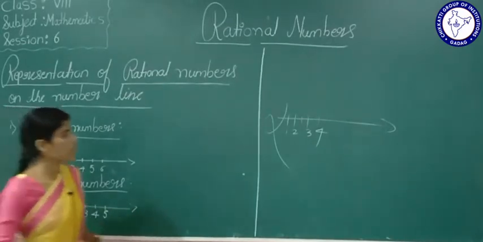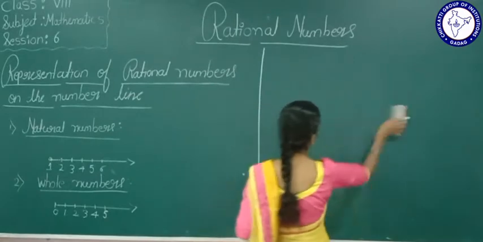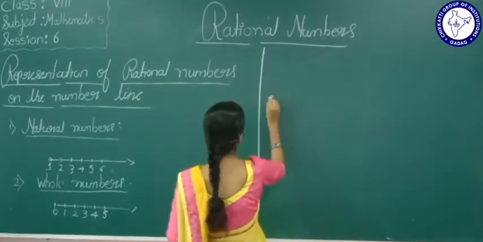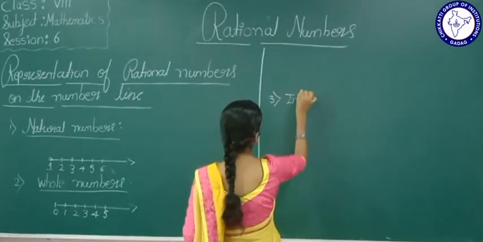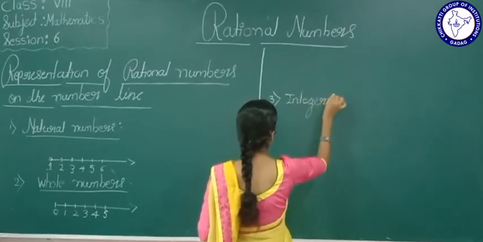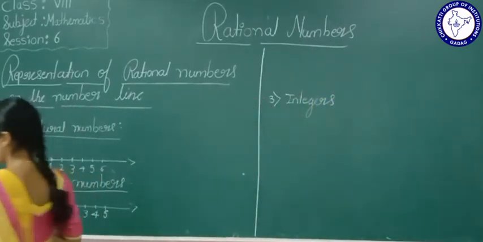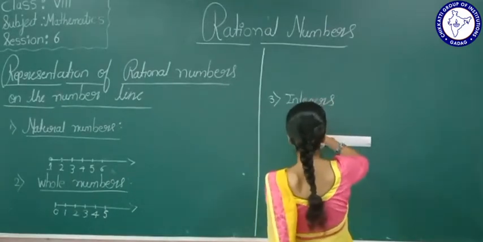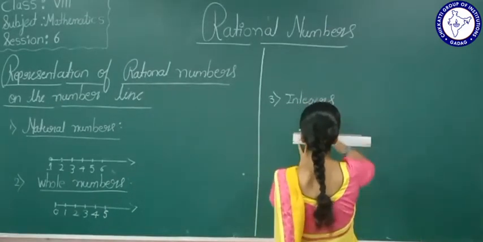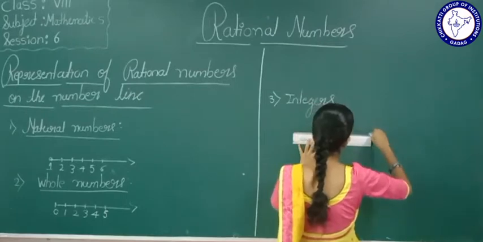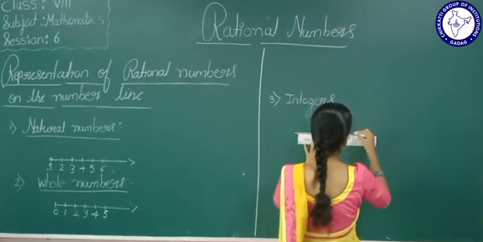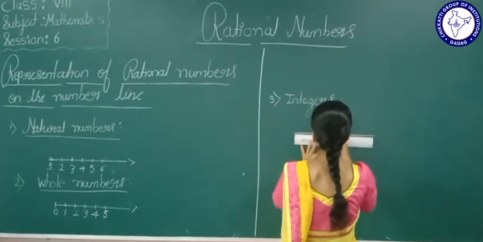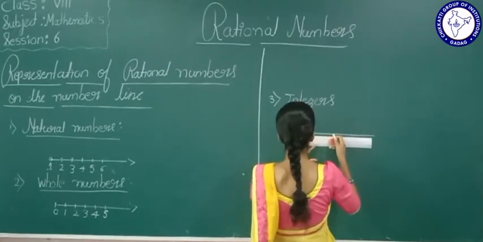Now we will see integers. How we used to represent integers on the number line. For how to draw a number line, first step is you have to draw a line. Yes or no? The second step you have to mark a distance.